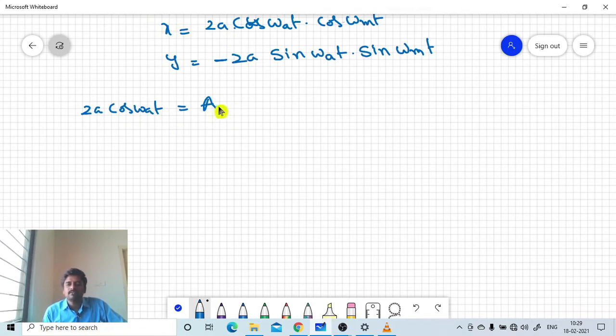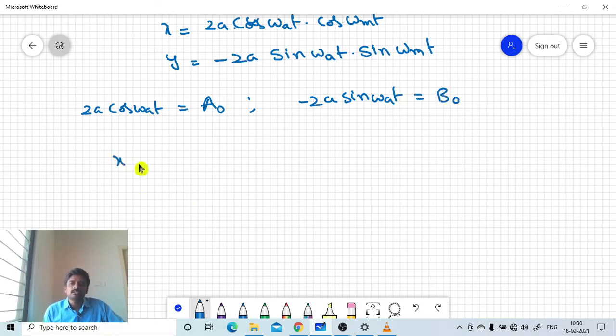It is the amplitude of the first bob in the simple pendulum. In a similar manner, y is the displacement of the second pendulum, which I will consider as b. In the simple pendulum, minus 2a sine of omega a into t I will take as b naught.